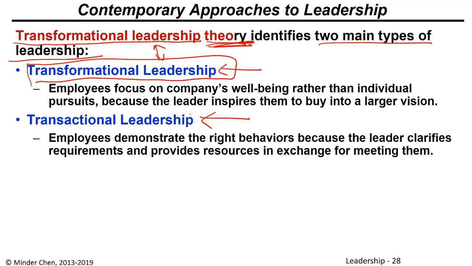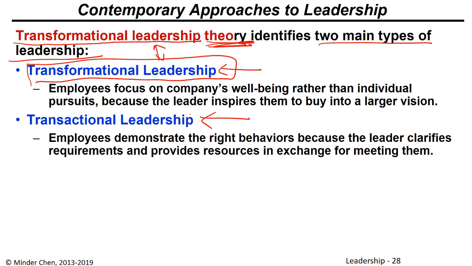With the transformational leadership style, employees focus on the company's well-being rather than individual pursuit, because the leader inspired them to buy into a larger vision. So the leader tends to be very good at inspiring and motivating people with non-monetary reward or praise.